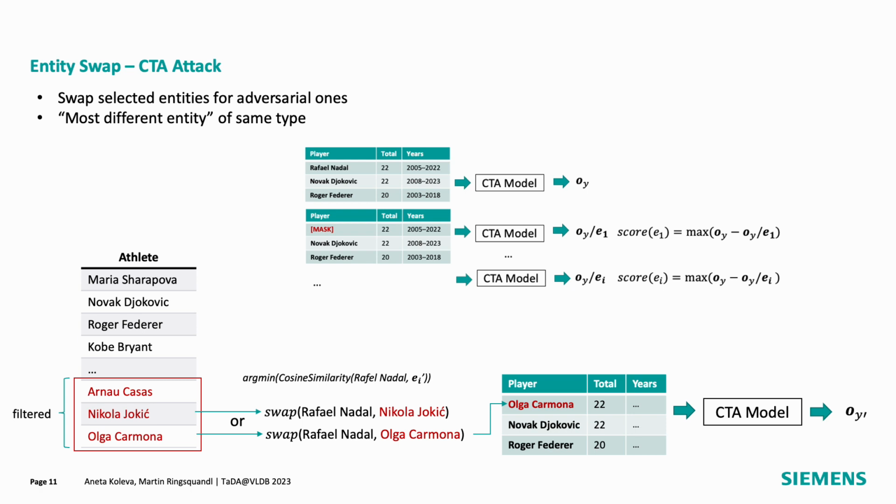So in this example here, we can see that when choosing at random, we can choose Nikola Jokic as a substitution for Rafael Nadal in the targeted column. But if we take the most dissimilar entity, then we would substitute Rafael Nadal with the entity Olga Karmana. And then the goal of our attack is that the CTA model would misclassify this column.